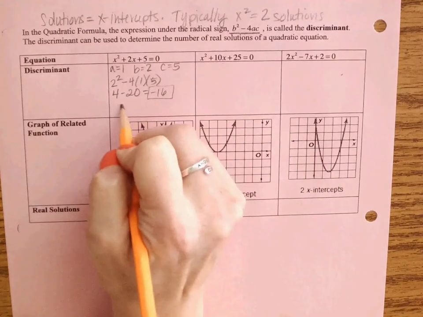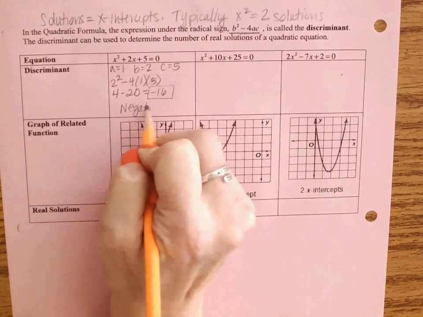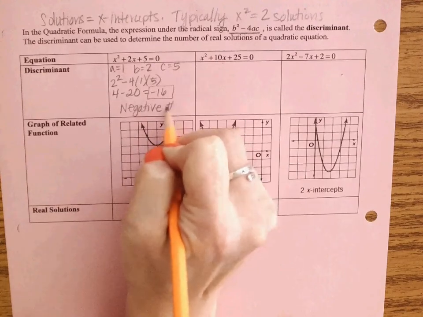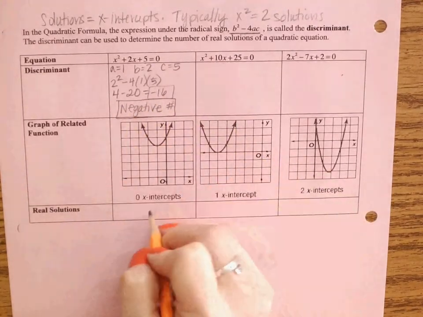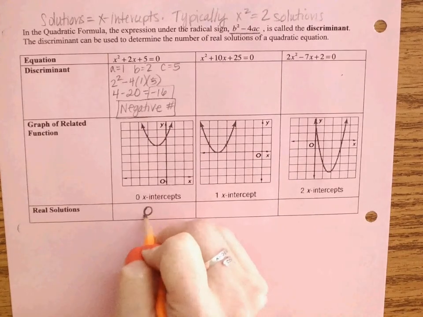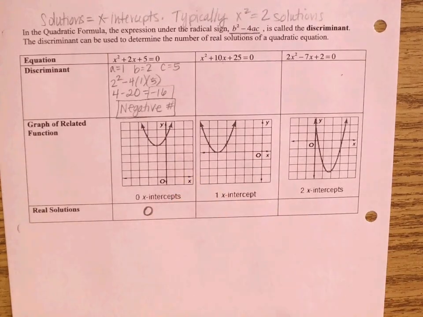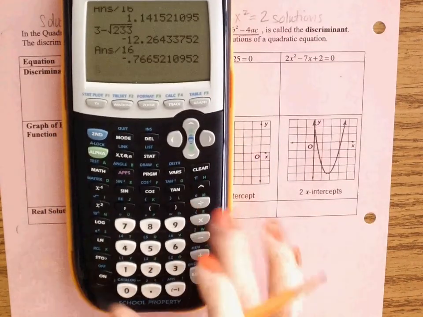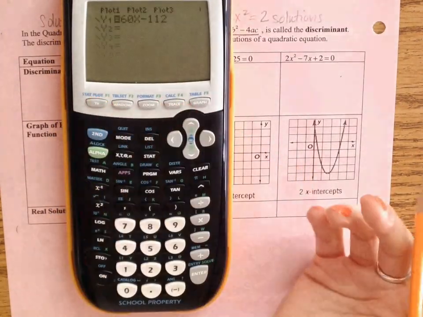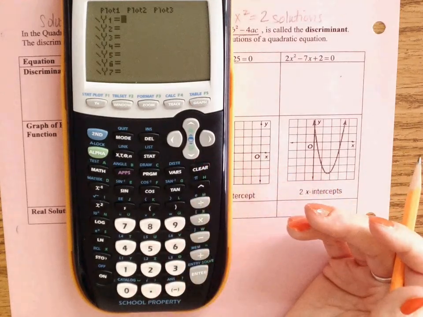This negative 16 is a negative number. That's what I have to make note of, is that it is a negative number. When I have a negative number, I have no real solutions. Okay? So what that means, I'm going to go ahead, grab this graphing calculator, and graph this for you.